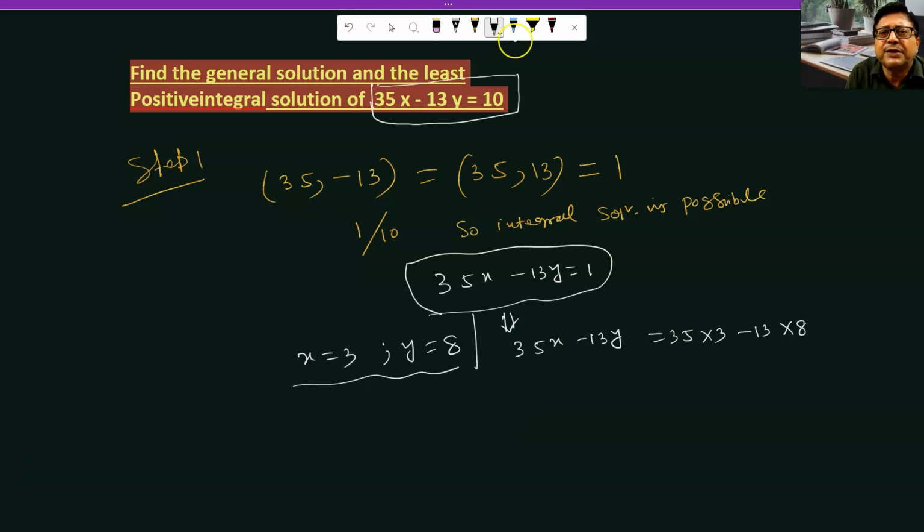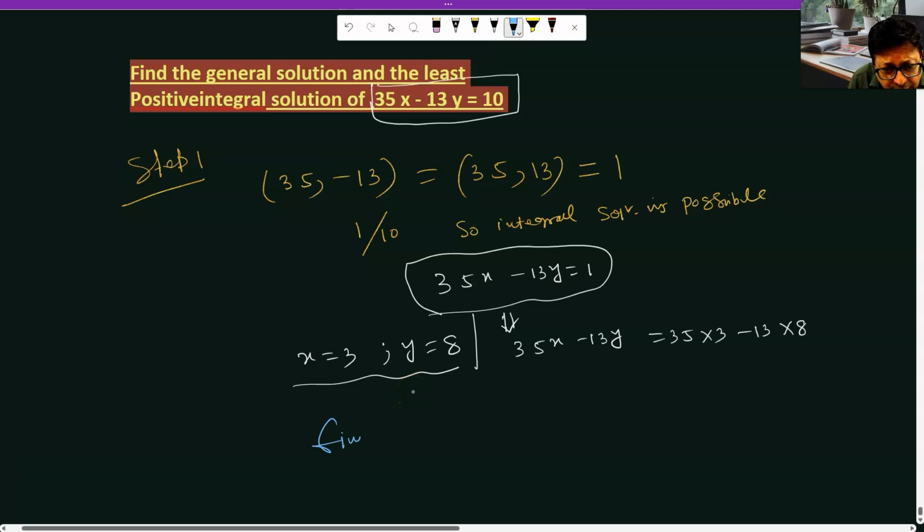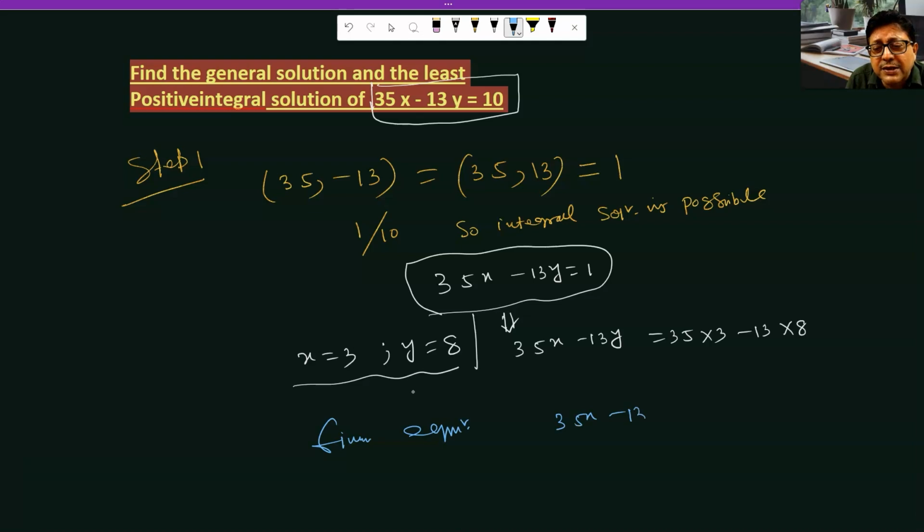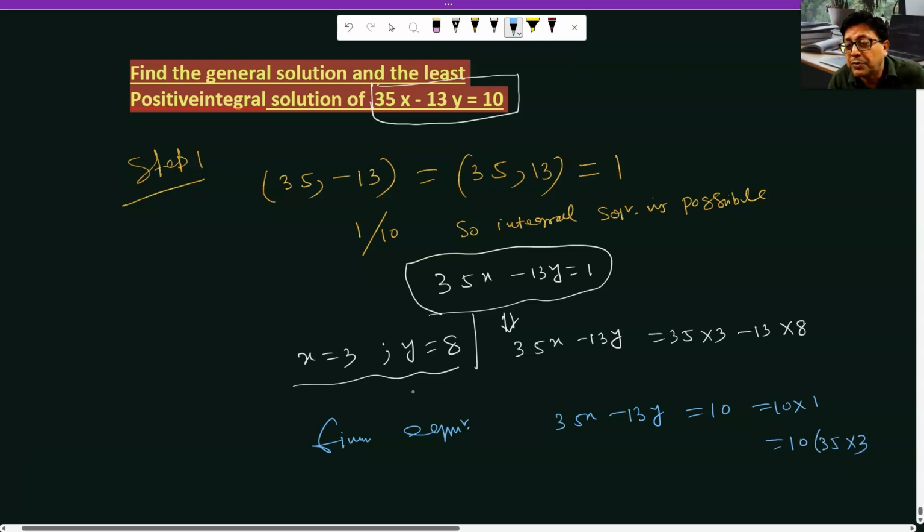Okay, let us take this equation into consideration now. Given equation is 35x minus 13y equal to 10. 10 means 10 into 1. And 1 is this thing, 35 into 3 minus 13 into 8.